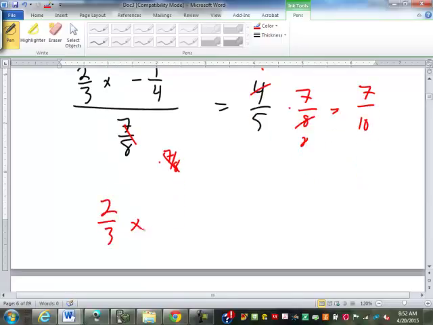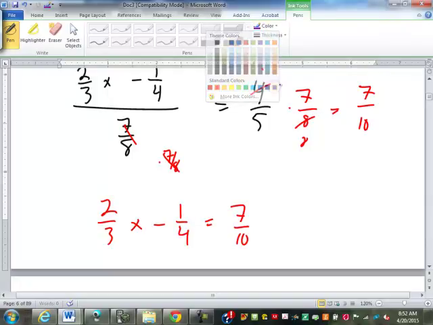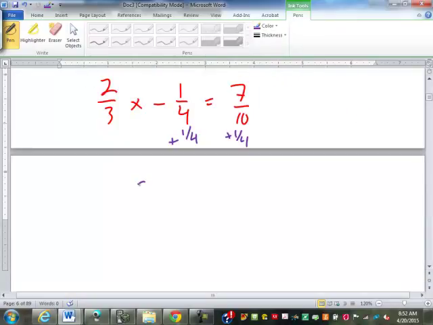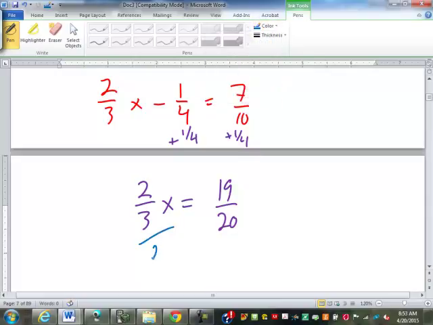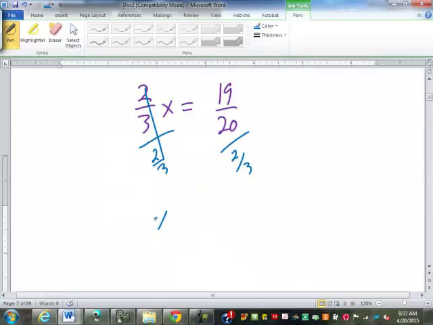So 2/3 x minus 1/4 equals 7/10. Now what? Add 1/4. So 2/3 x equals 19/20. And then divide by 2/3, right? So x equals 57/40, otherwise known as 1 and 17/40.